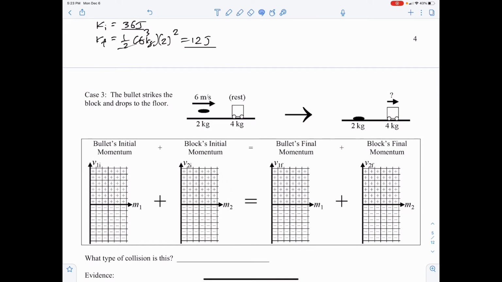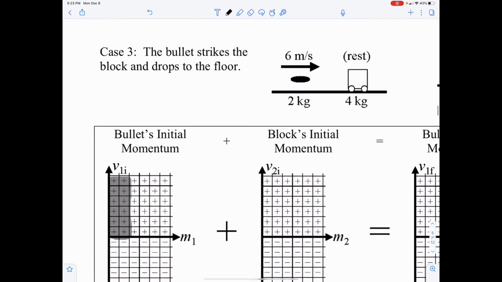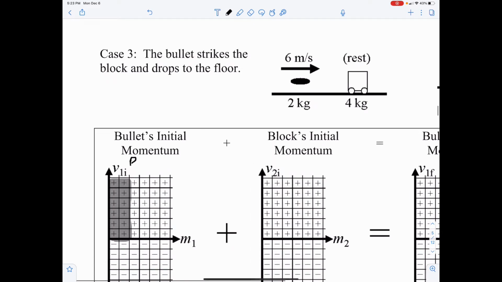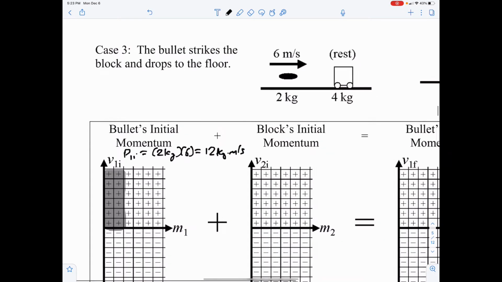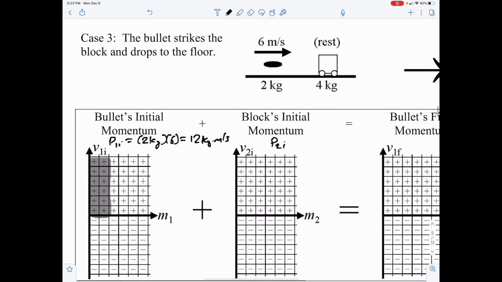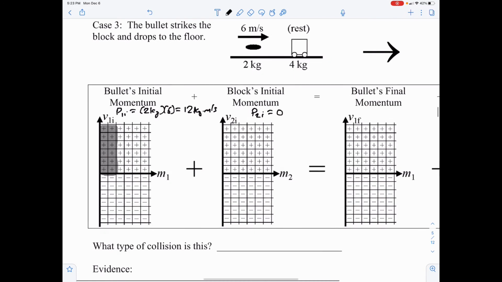Case 3, we start with the same initial conditions, which are P1 initial is 2 kilograms times 6, or 12 kilogram meters per second, and the block is still without momentum. So the total initial momentum is still 12 kilogram meters per second.